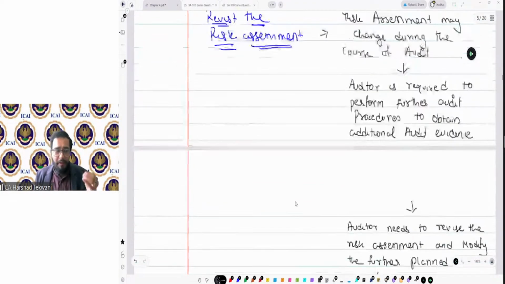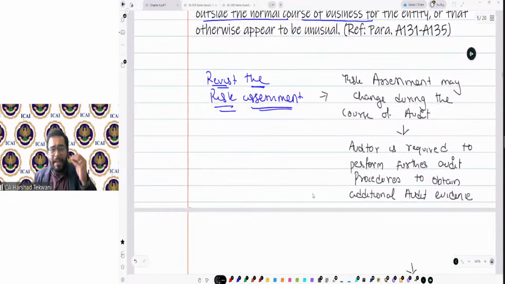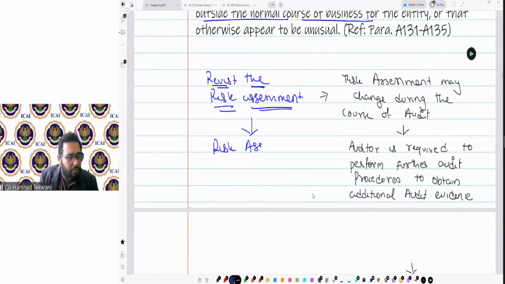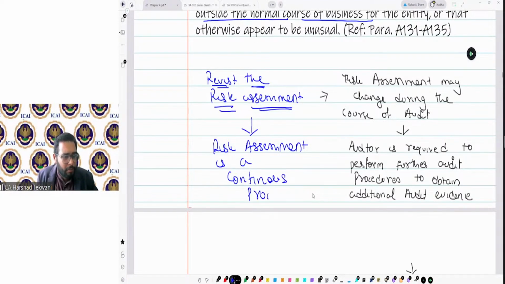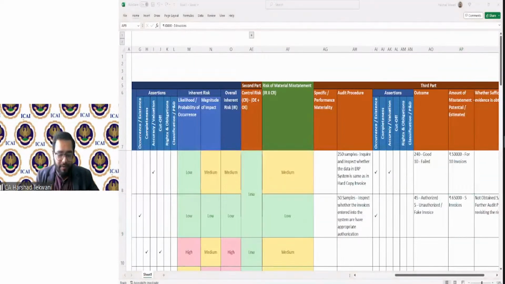And that's why we say that risk assessment is a continuous process. Throughout the audit, I revisit the risk based on the evidence obtained.